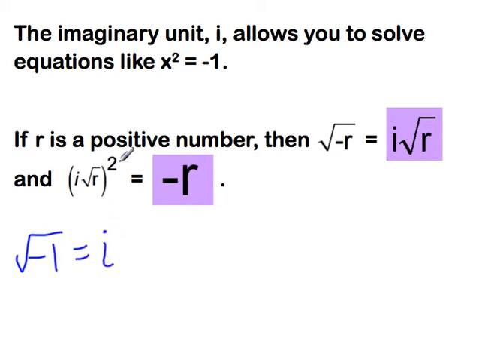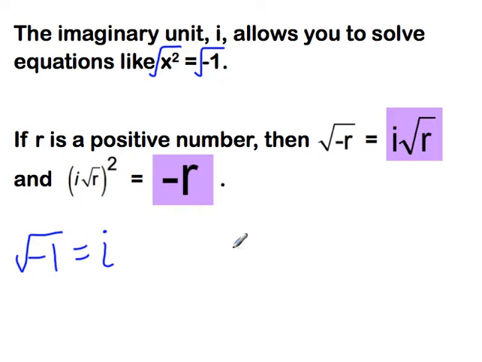Okay? So if you think about when you were coming up here, if I were to solve this equation, if I were to take the square root of both sides, I would have an answer of plus or minus the square root of -1, and that's going to be i. That's where the imaginary unit came from.